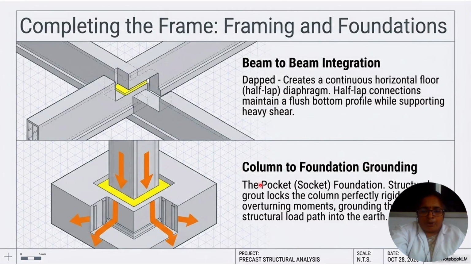The pocket, otherwise called the socket foundation, with structural grout, locks the column perfectly against overturning moments, grounding the structural moments into the earth. So this is the pocket connection setup.